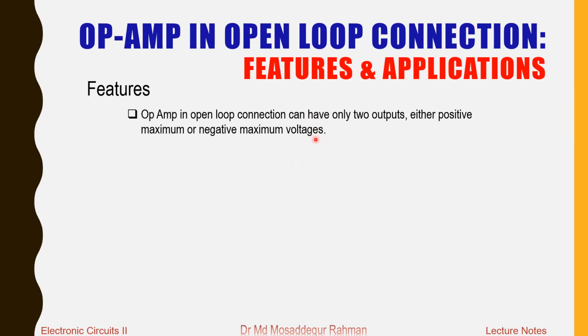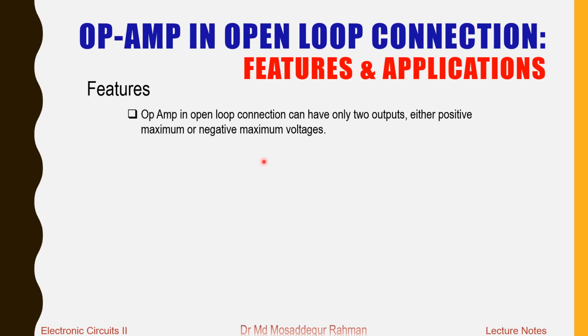Like a digital circuit. Digital circuits are designed to give you only two outputs. You get either high or low. Similarly, op-amp in open loop connection can have only two outputs. Either you can have a positive maximum voltage or a negative maximum voltage.